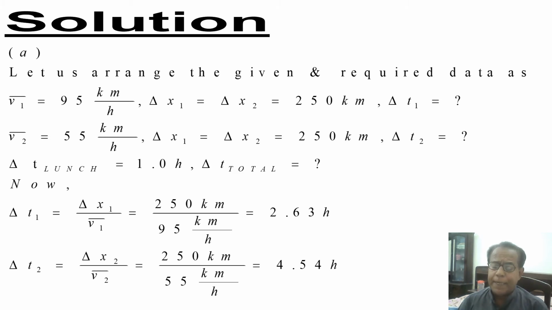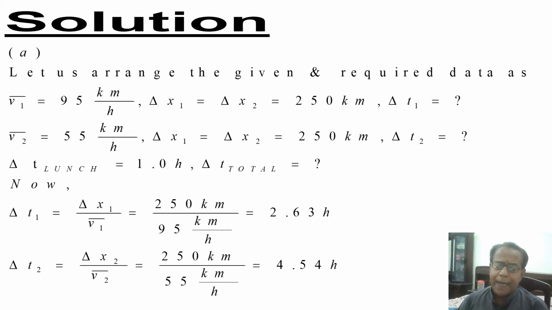This becomes equal to 2.63 hours, because kilometer will be cancelled with kilometer, and the hour in the denominator, which is being divided, will be multiplied when it is shifted to the numerator. So delta t1 has become equal to 2.63 hours.